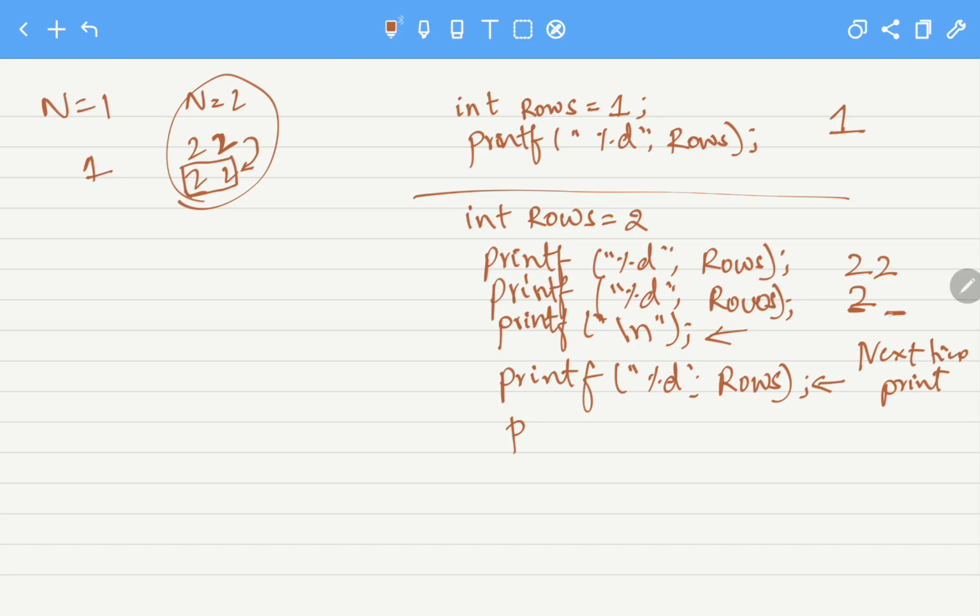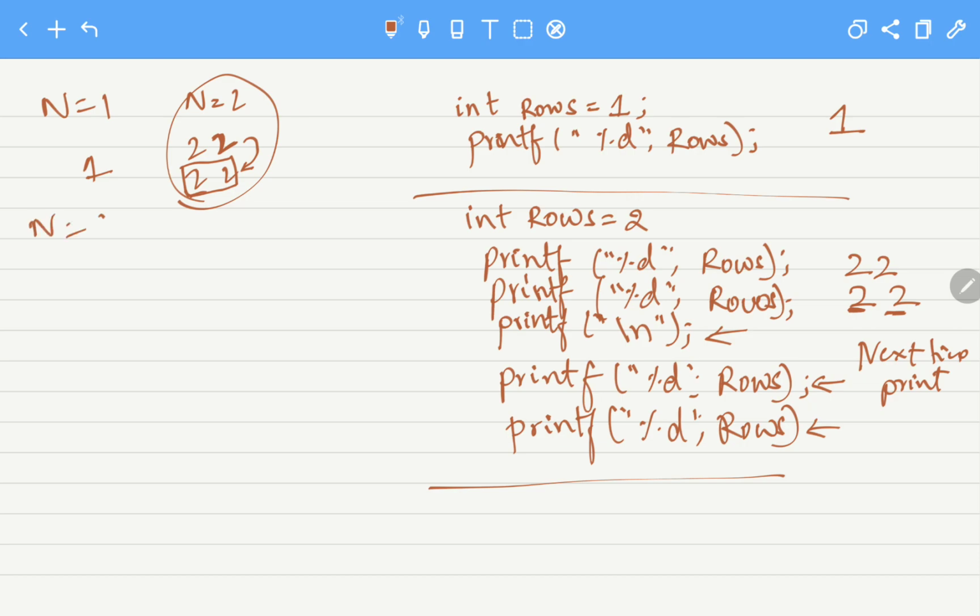Again your cursor is here, next %d rows, and this writes again to here. So now for n is equal to 2 we have done.